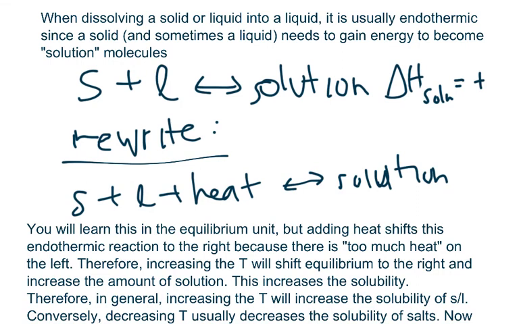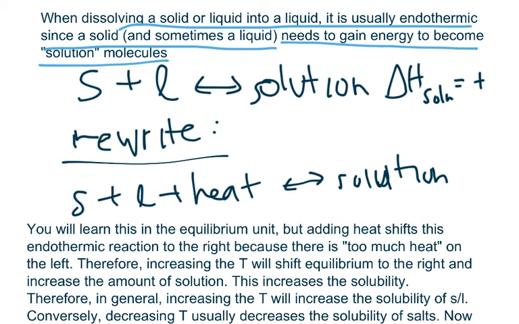So, when dissolving a solid or liquid into a liquid, it is usually endothermic, since a solid, and sometimes a liquid, needs to gain energy to become solution molecules. If you think about it, we can pretend that the solution molecules are ions, for example, and these ions move around freely in water and have far more energy than if they were stuck as a solid, or maybe sometimes a liquid.